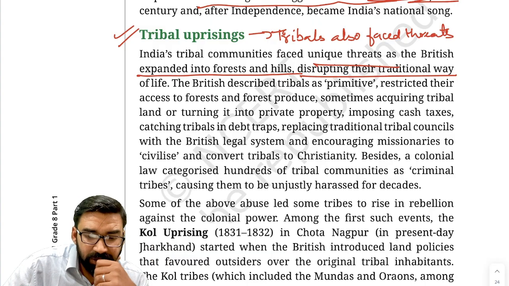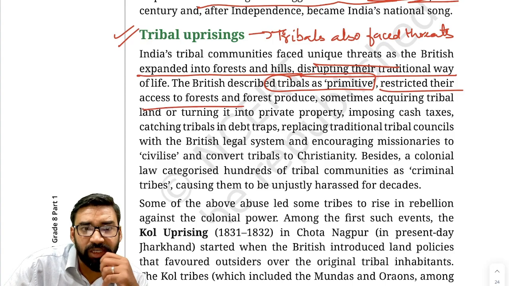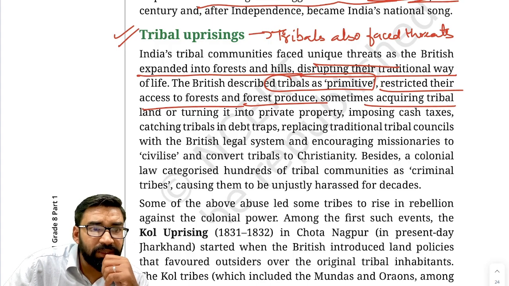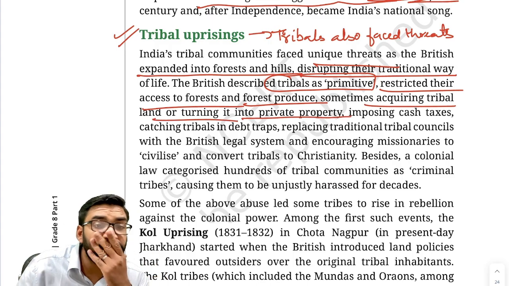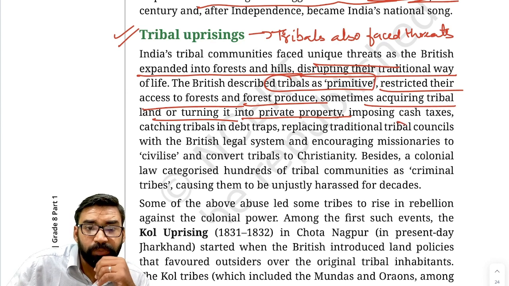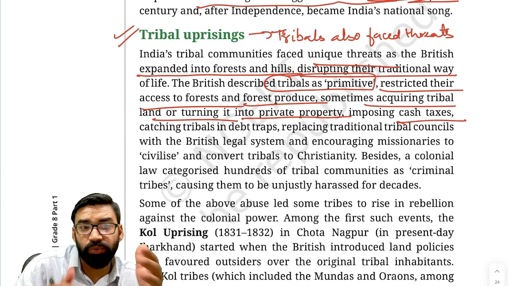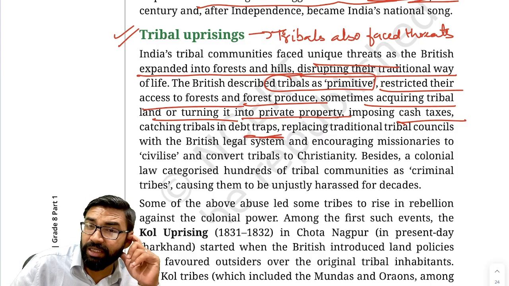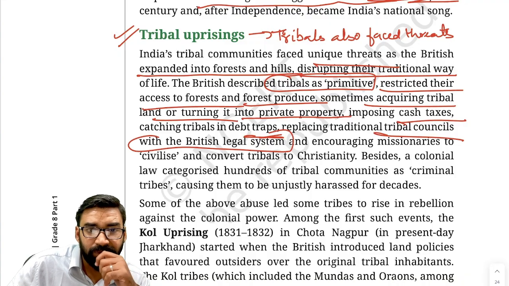Second, the British categorized tribals as primitive in nature. They restricted their access to forest and forest produce. They acquired tribal land and turned it into private property. They also imposed cash taxes, and in this way tribals fell into a debt trap. The British replaced the traditional tribal councils with the British legal system.